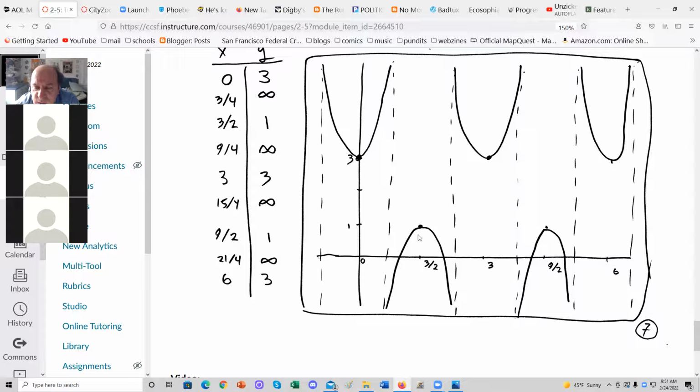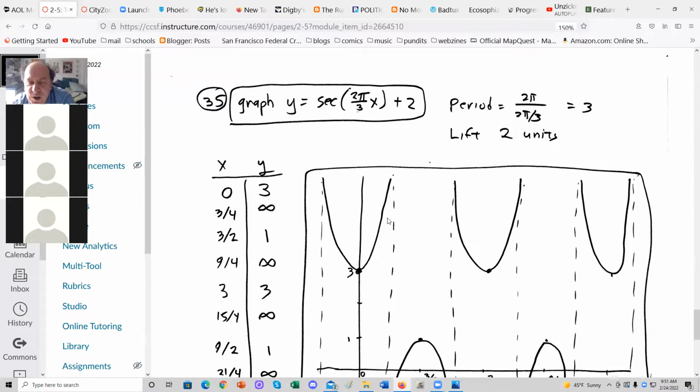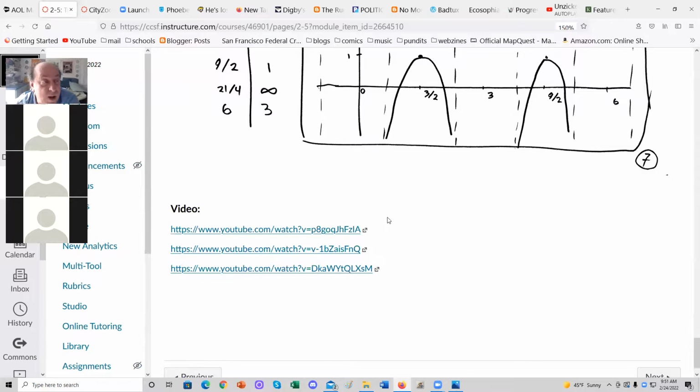At 3 halves, it's 1. And it's infinite between those extremes. So you get these U-shaped curves. It's a secant curve, a graph expanded vertically by 2 and lifted by 2. So there that goes. And these are similar to the problems you'll be seeing assigned in the book.